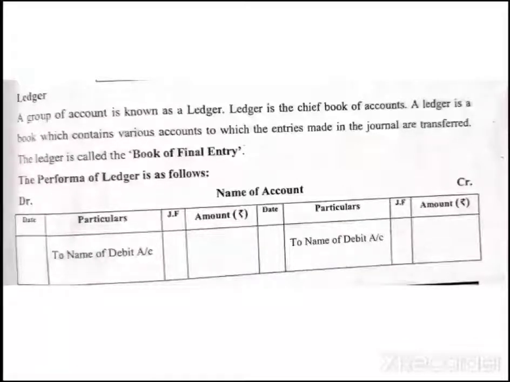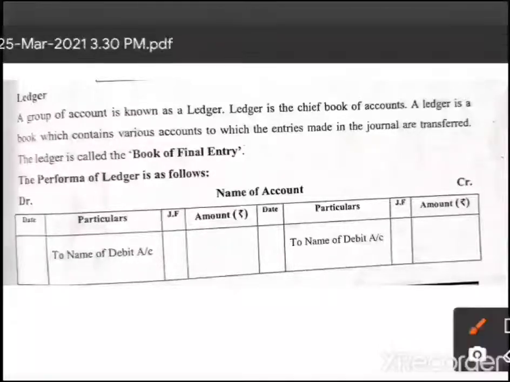Here you can see the proforma of a ledger. The name of the account has to be given. For example, if you are writing cash account, then you have to write cash account here. On the left side you have to write debtor, DR, and on the right side you have to write creditor, CR. Now the date has to be written, like December 1 or December 2.